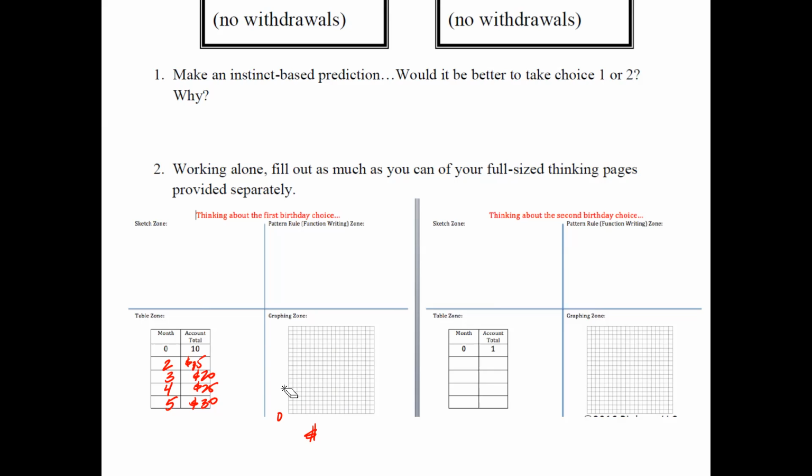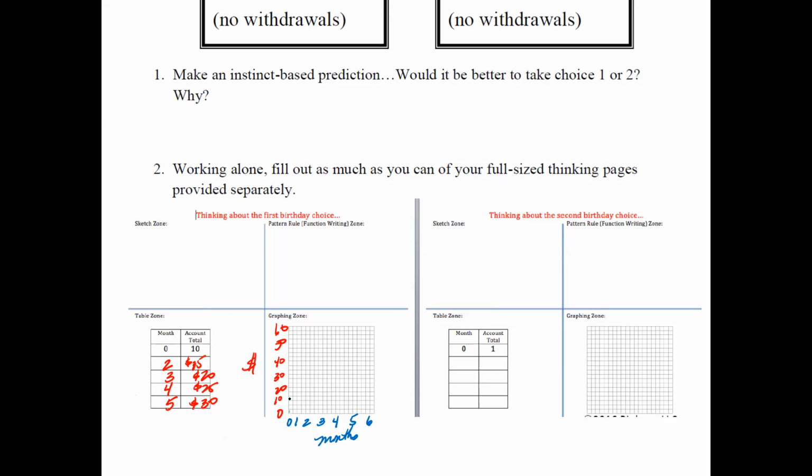Actually, you know what I'm going to do? I'm going to switch this. Just kidding. Dollar amount. And with a dollar amount, let's start off with 0, 10, 20, 30, 40, 50, 60. On the x-axis, it is going to be months. So 0, 1, 2, 3, 4, 5, 6.